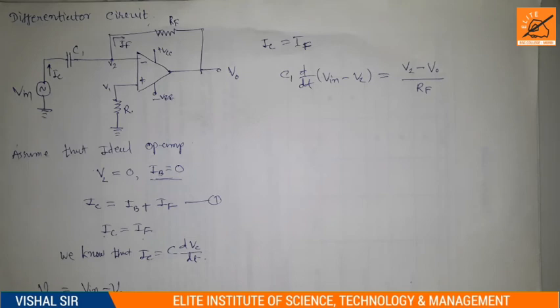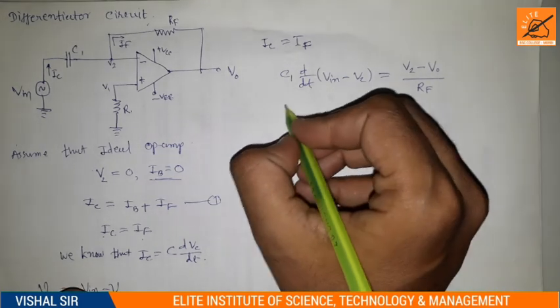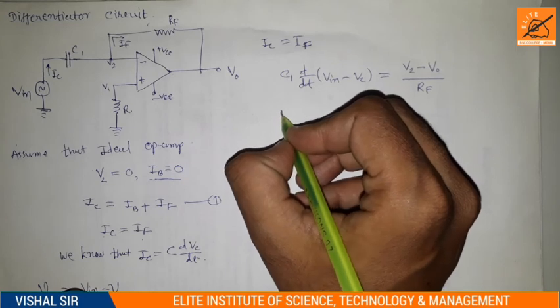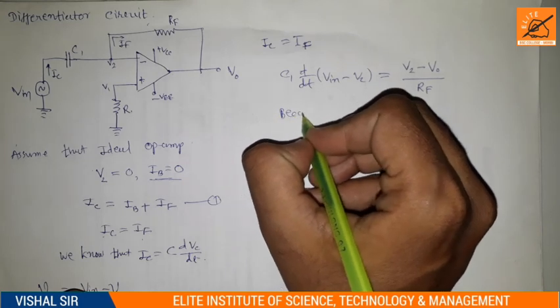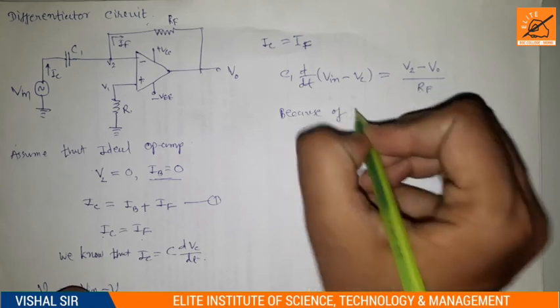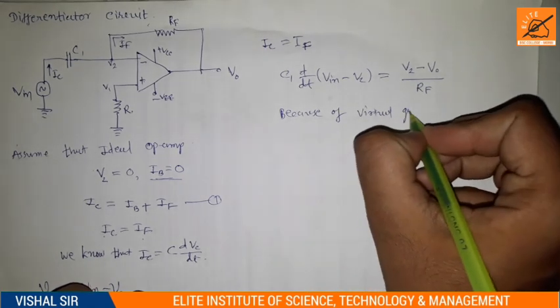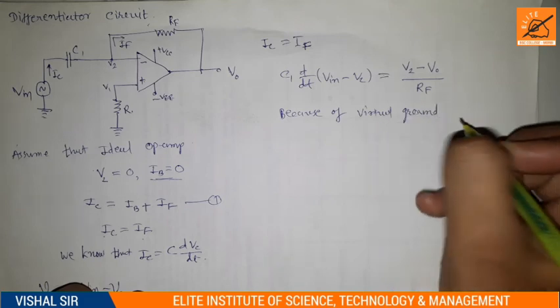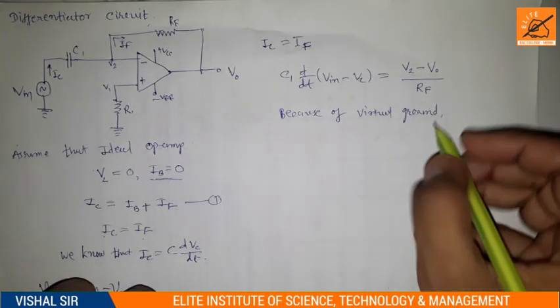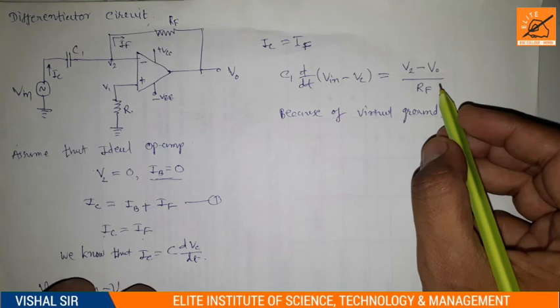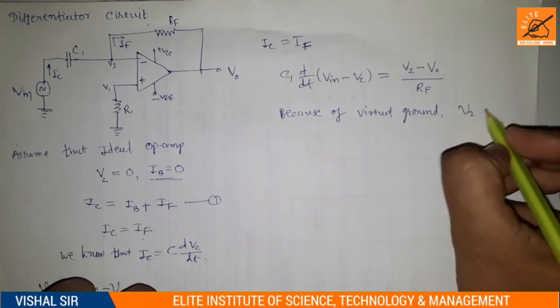Now by using the concept of virtual ground, we can write V2 is equal to 0.